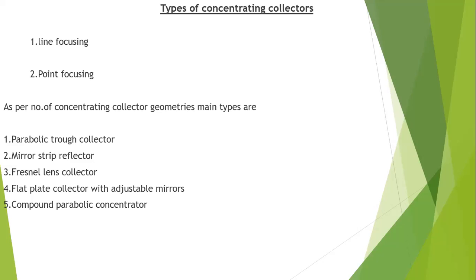In this type, sunlight is directly converted into electricity with high efficiency photovoltaic cells designed specially to harness concentrated solar energy. So we will see all the types of collectors now.